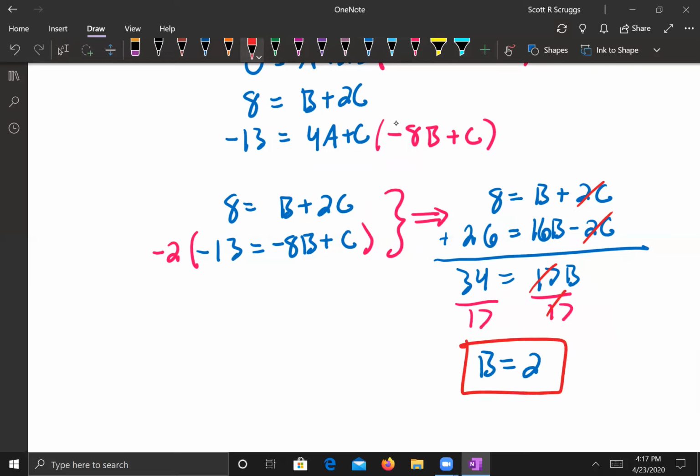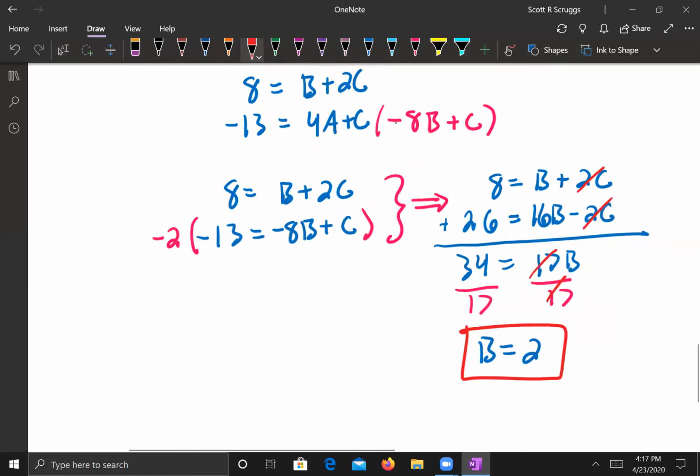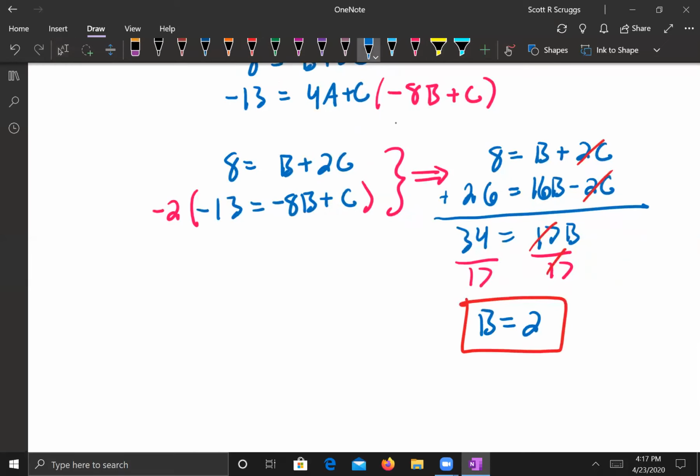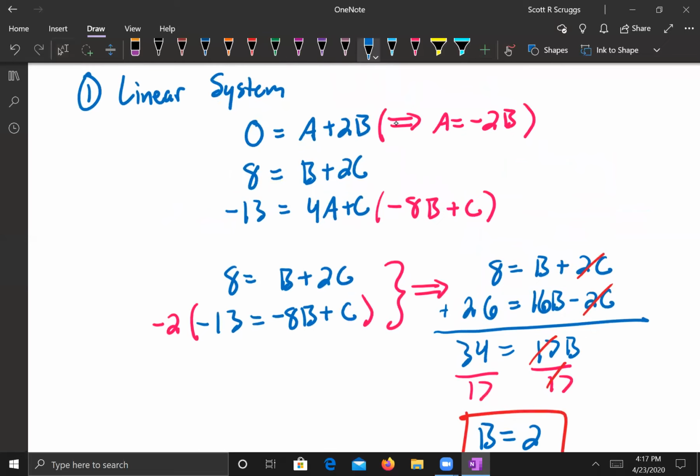And with method 1, once you know one value in that system, I say that you win and you can reap the profits from your hard work. Because if I now know that b equals 2, that is known information, and I could solve for the other two constants.